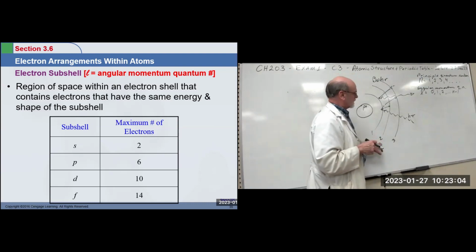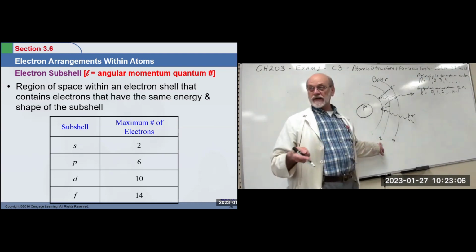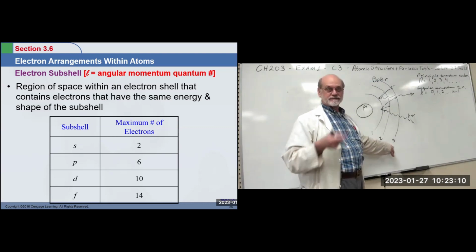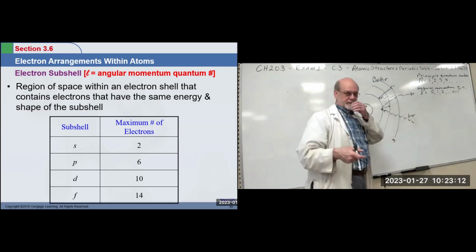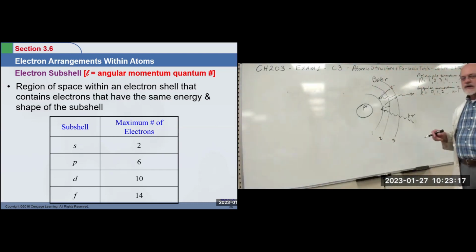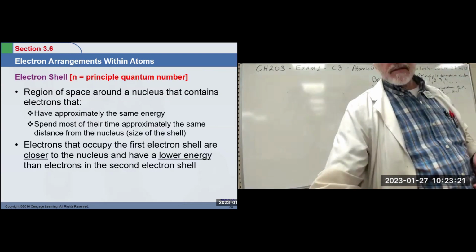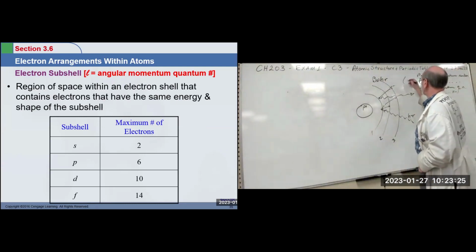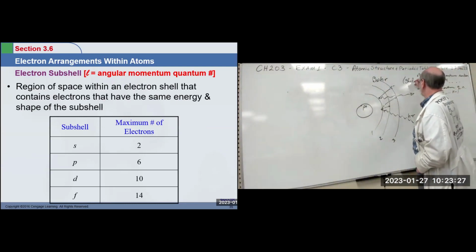How about 2? We can have 0 and 1, so we can have 2 L's at this level. We can have 3 L's at this level, and so forth and so on. These in your book are called subshells. These are called shells in your book, and these are called subshells.